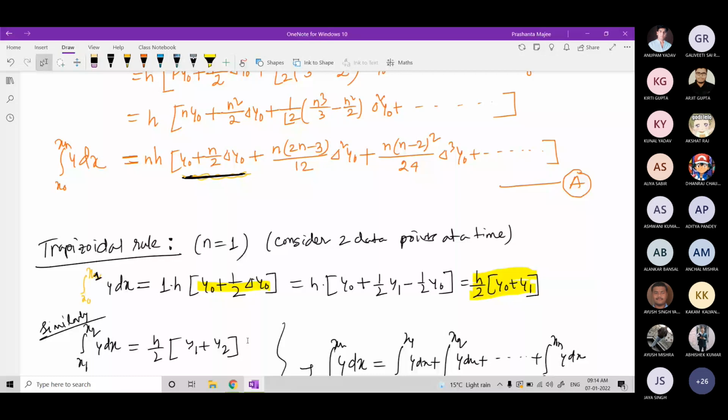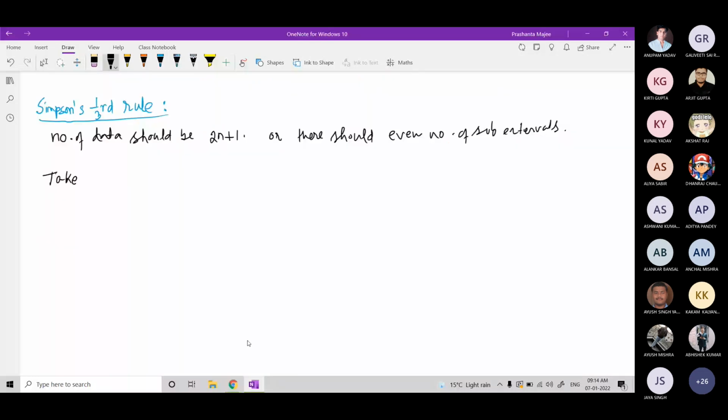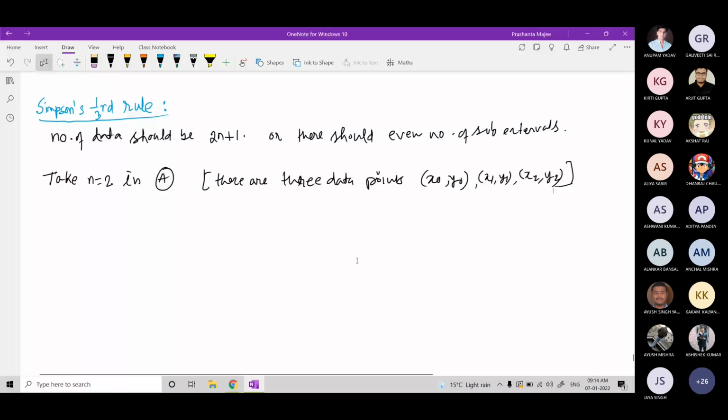So take n equals 2 in capital A. That means there are 3 data points: x0, y0, x1, y1, x2, y2. So what will be the equation of the polynomial passing through these 3 data points? Can you tell me from A?